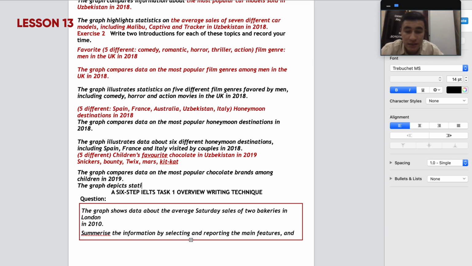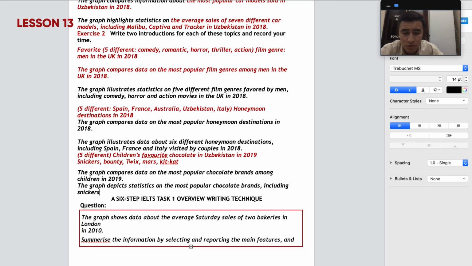And the second version, the graph depicts statistics on the most popular chocolate brands, including some of them: Snickers, Bounty, and Twix, eaten by children in Uzbekistan in 2019.